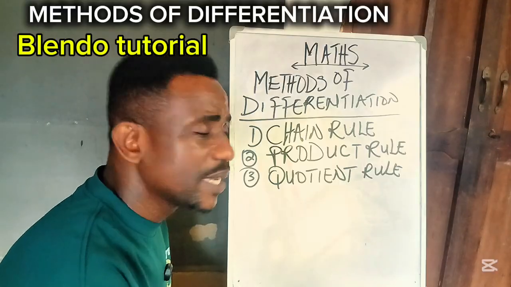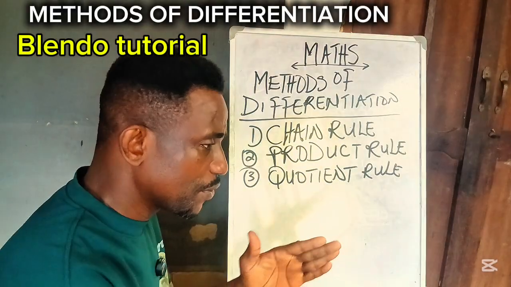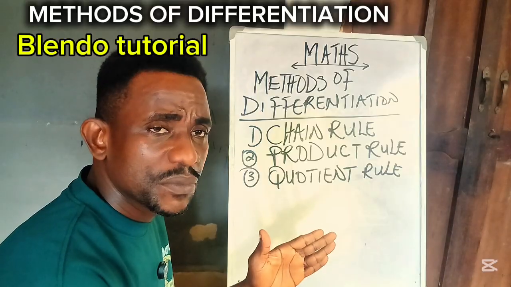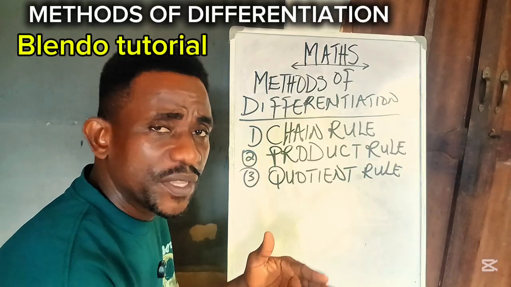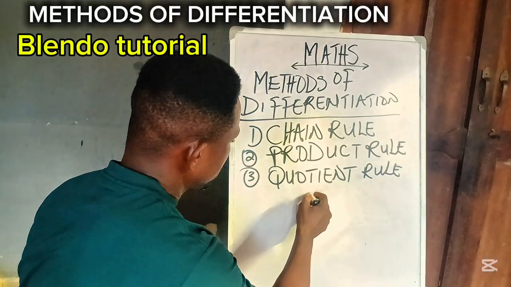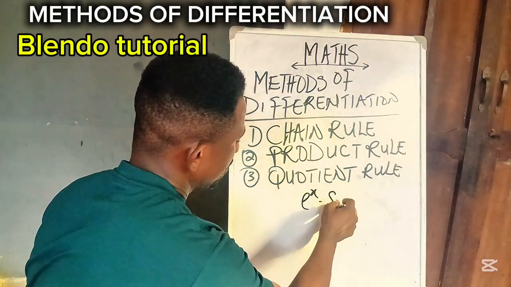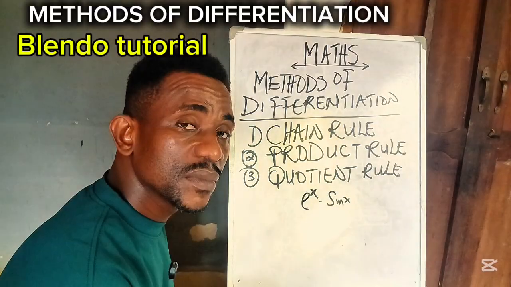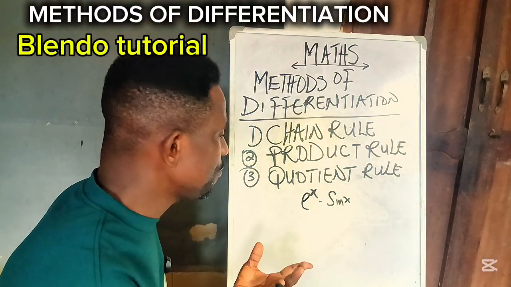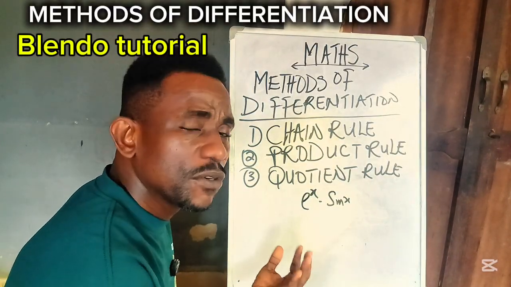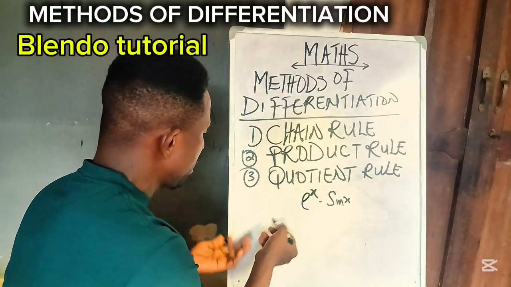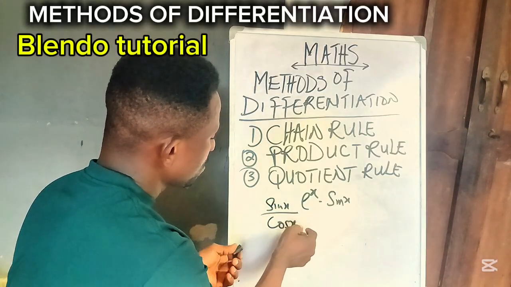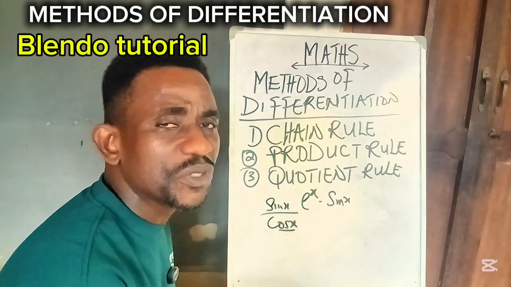If this function is a product of functions, like you have two different functions, for example, exponential times sin x, we apply product rule. If you have a rational function like sin x over cos x, we apply quotient rule.